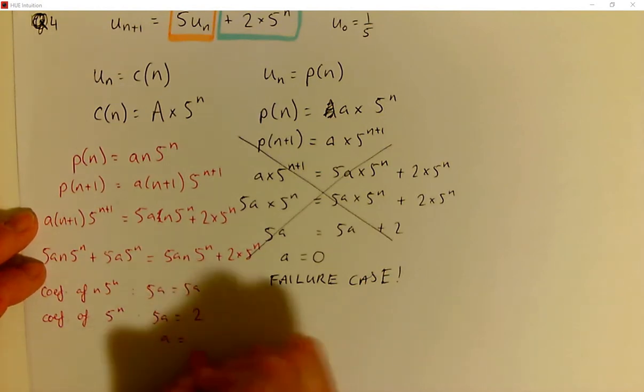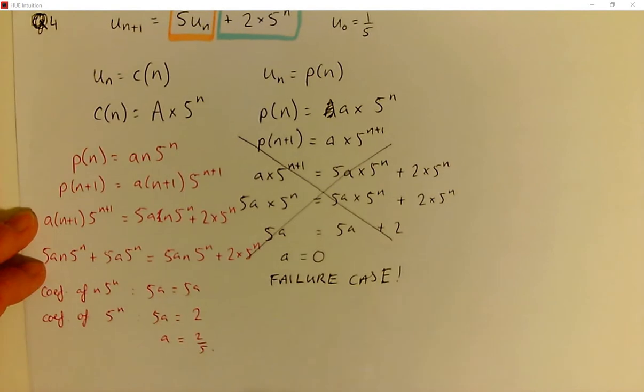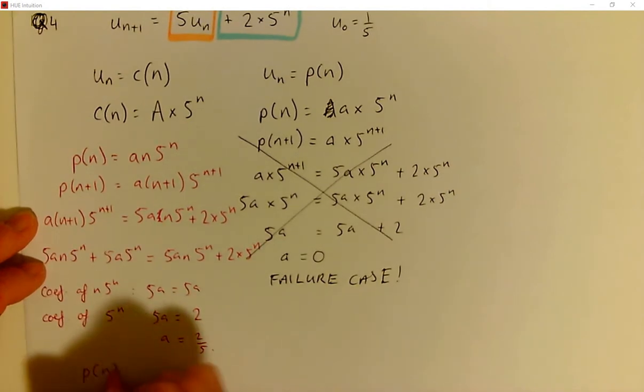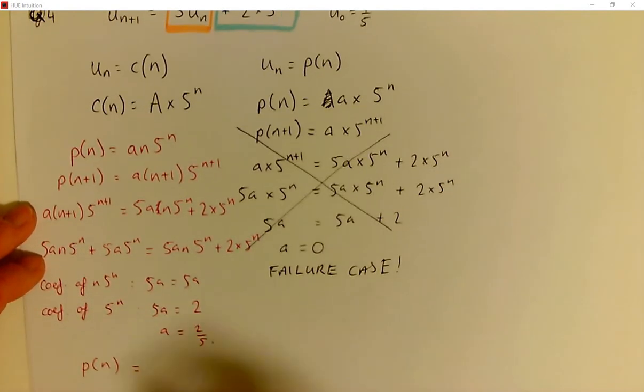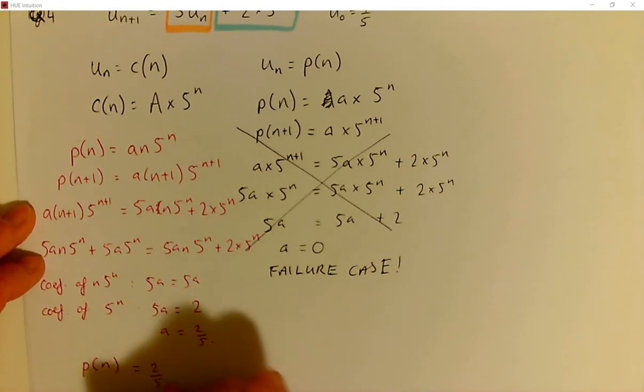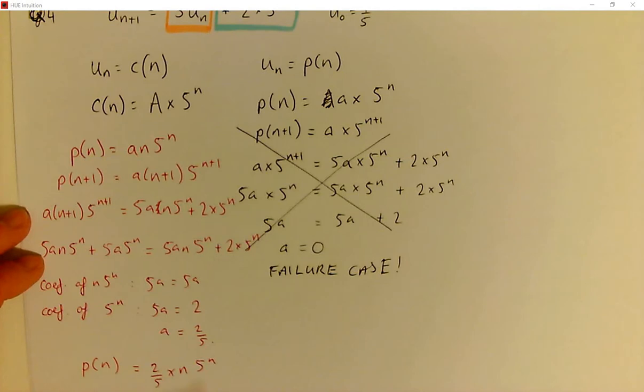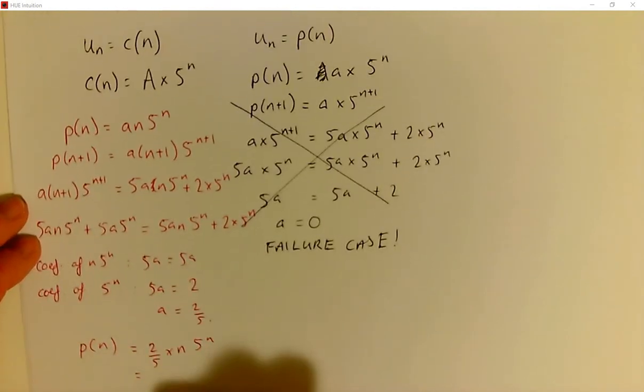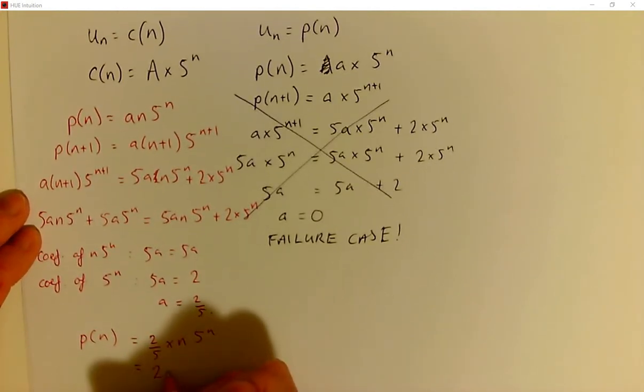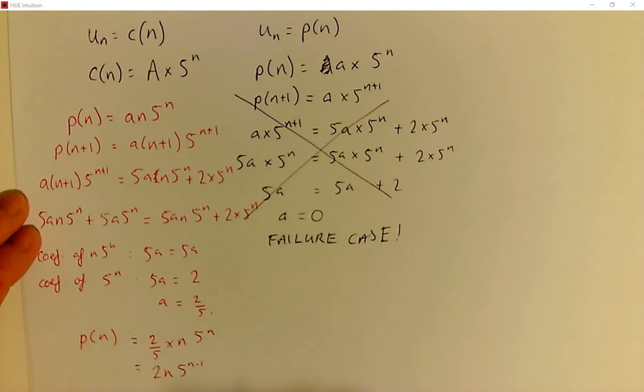So a is 2/5. That means our particular solution is going to equal 2/5 times n 5 to the n, and we could write that as 2n 5 to the n minus 1.